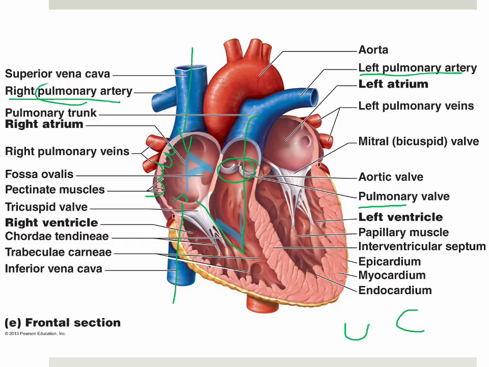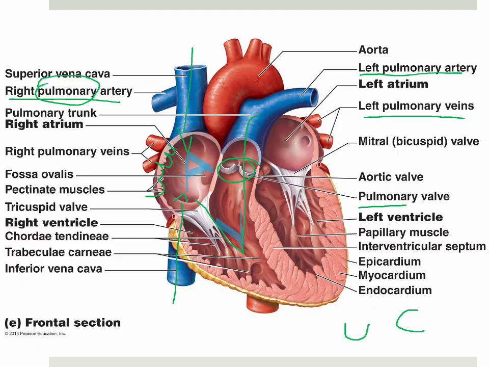The lungs, right? This is when it's a little bit confusing because we've been talking about how arteries carry oxygen-rich blood, and veins do the opposite, right? This is a little bit confusing because only in the heart you will see that the pulmonary artery carries low oxygenated blood, but the pulmonary veins carry oxygenated blood.